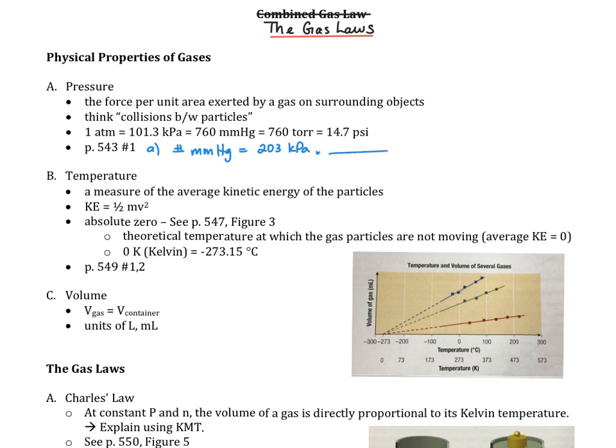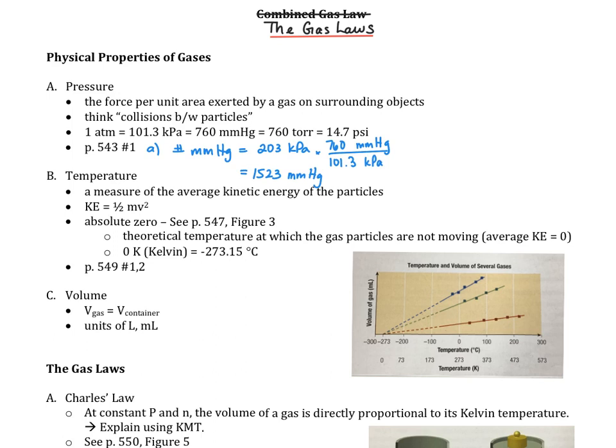We follow factor label just like before, set up the units to cancel, going from kilopascals to millimeters of mercury. Now you already know conversion factors easily between centimeters and meters. This is just the same idea except it's different units. So we see there's 101.3 kilopascals for 760 millimeters of mercury.